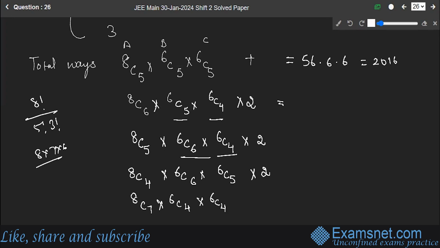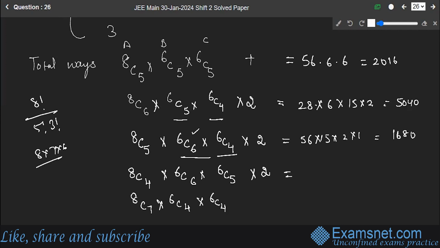And similarly over here, this will give me 28 into 6 into 15 into 2, which is 5040. This gives me 56 into 15 into 2 into 1. Okay, because this gives me 1. So this is a total of 1680.